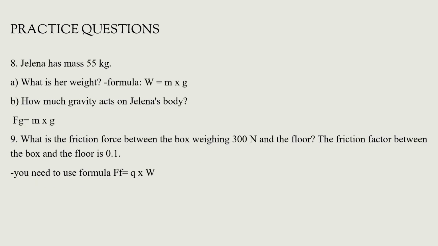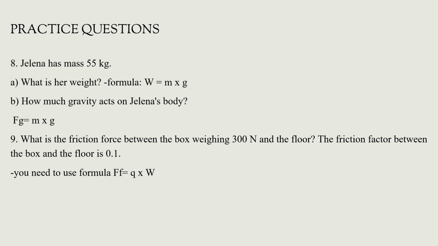Then the next one. Yelena has mass 55 kilograms. What is her weight? If we are talking about planet Earth, you need to use the formula mass times small g. Small g is gravitational field strength, and on planet Earth it is 10 newtons per kilogram. So Yelena has mass 55 kilograms times 10, this will be 550 newtons.